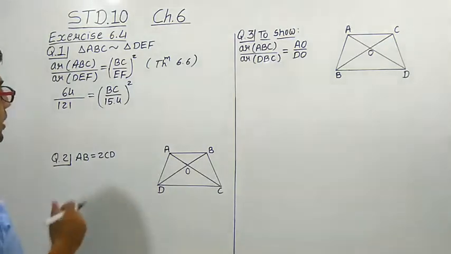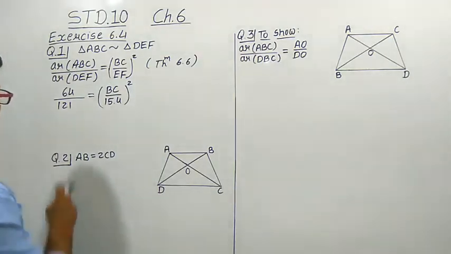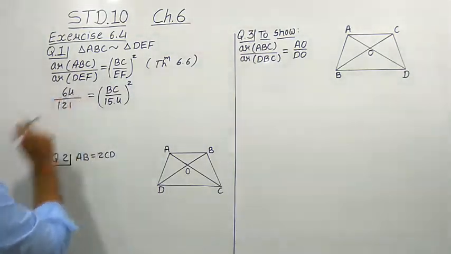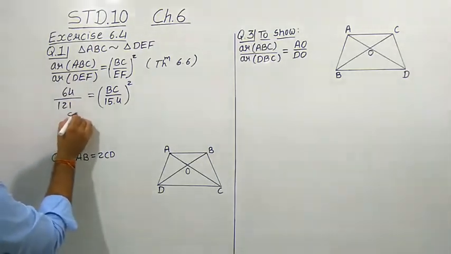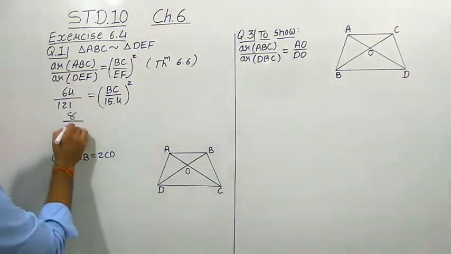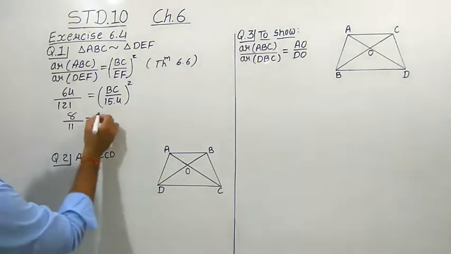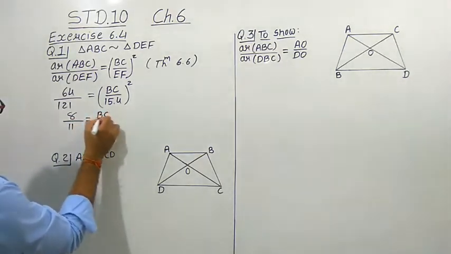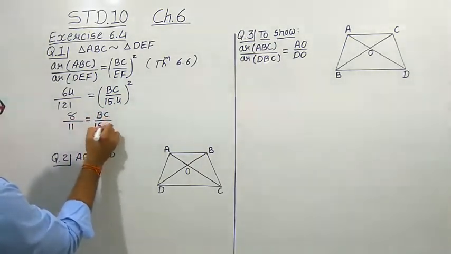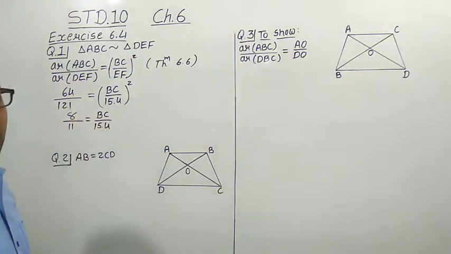Now if we take the square root on both sides, the square root of 64 is 8, the square root of 121 is 11. Here we get BC, and here we get 15.4.